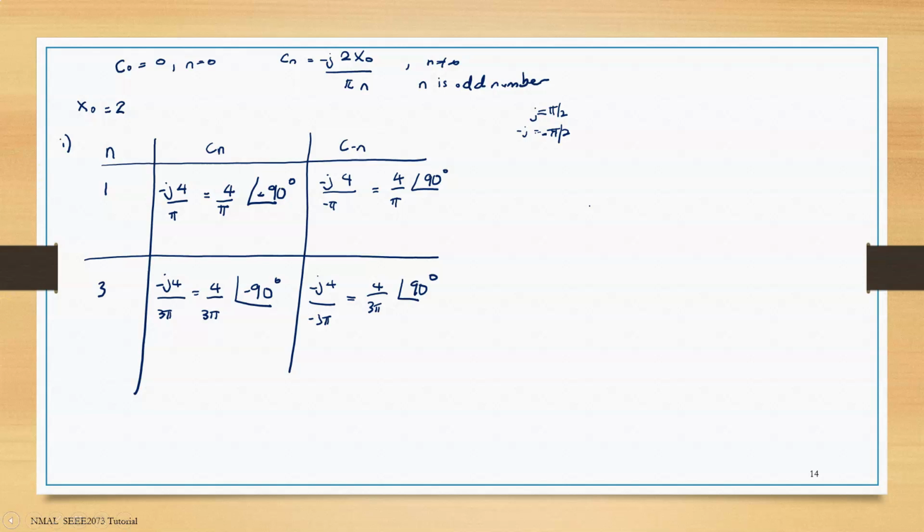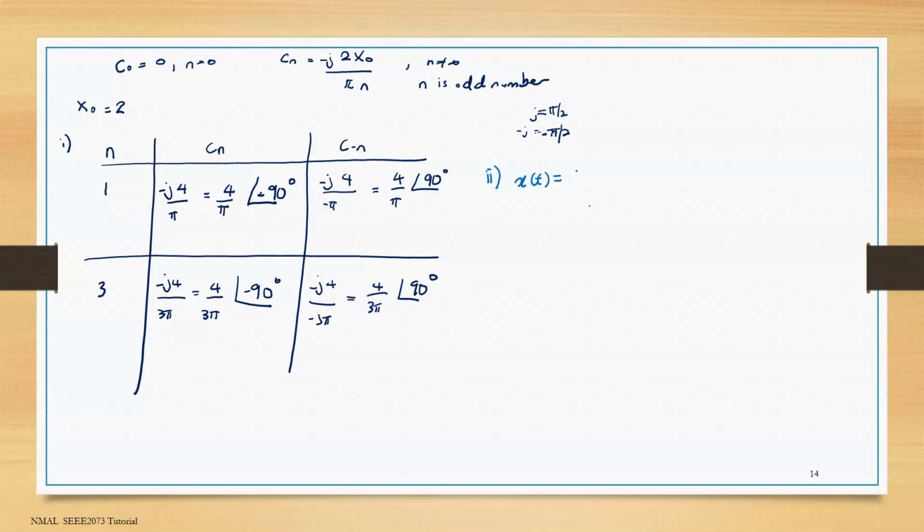For question number 2, you are required to write the equation in terms of the trigonometric cosine Fourier series up until the third harmonic. I'm just going to solve it here. It will become x(t), because the waveform is given as x(t).